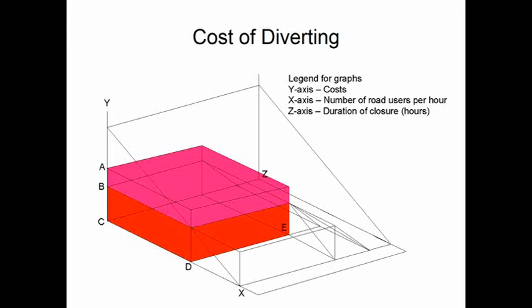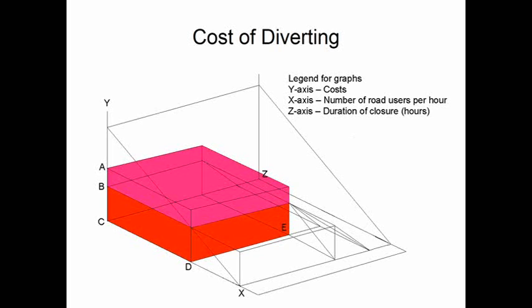If you look along the z-axis, you can see that you go from D up into about E. So this is looking at it in terms of duration of closure. At the beginning of the closure, vehicles are going to be more likely to want to divert because the waiting time is very long. But once you get to the waiting time where it's going to open up again, I'm assuming that there's some knowledge about when the road is going to reopen.